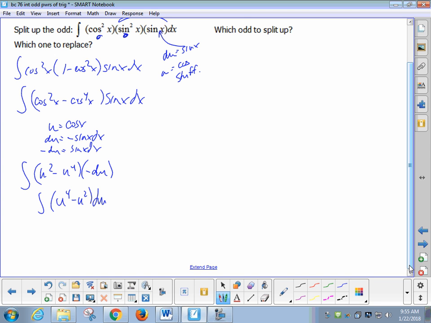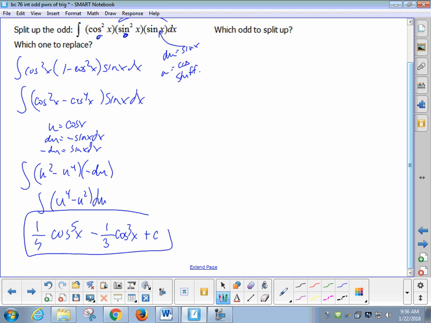So what is the antiderivative of u to the fourth? 1/5 to the fifth. And what is it to the fifth, sine or cosine? Cosine, 1/5 cosine to the fifth minus 1/3 cosine cubed plus. All right.